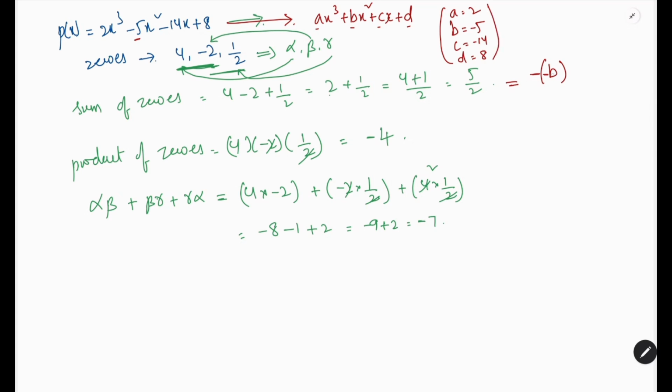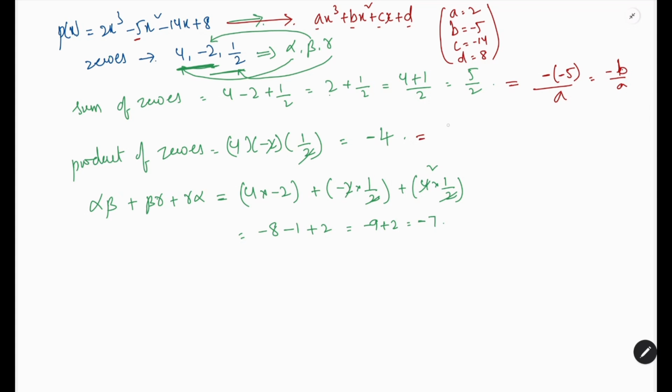Minus of minus b by, sorry, here 5 is minus of minus 5 by 2, where 2 is a. Here minus 5 is b, so minus b by a. Now here 4 is what? Minus 4 is what?